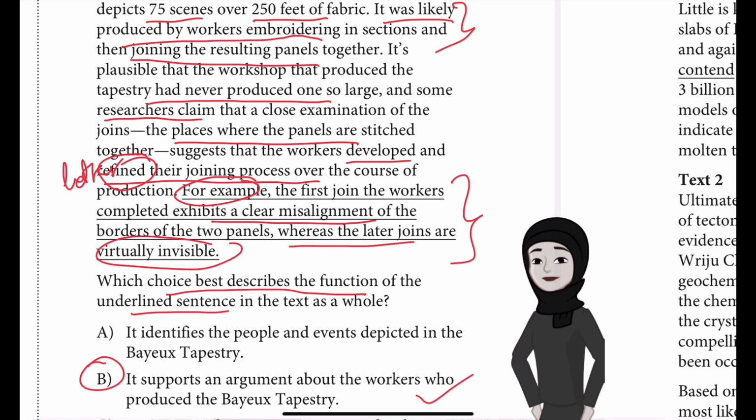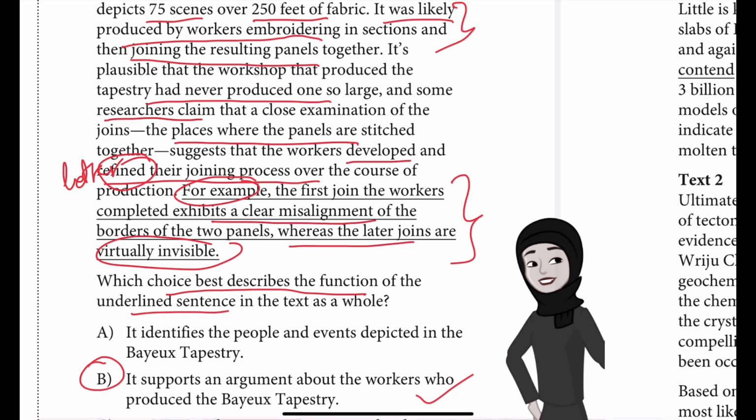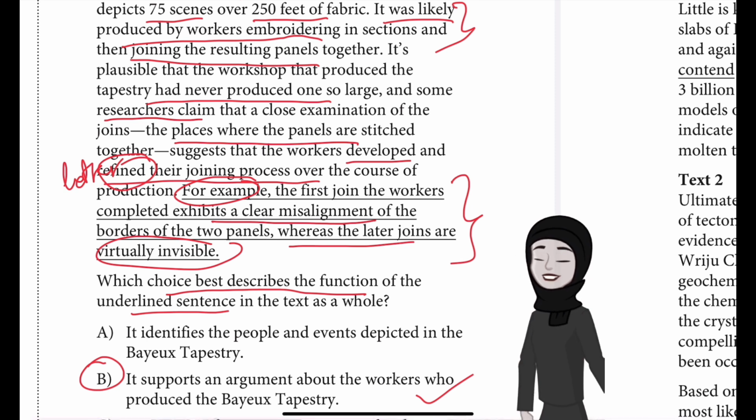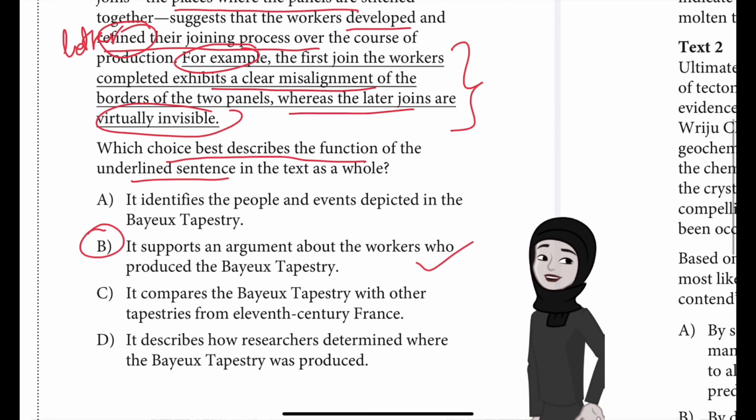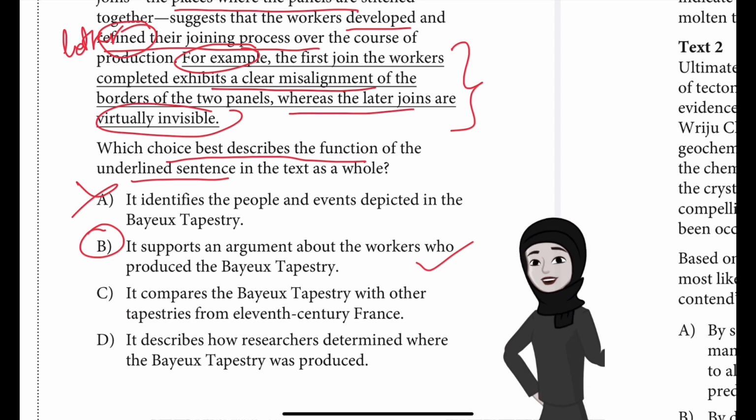And the last sentence of the text then provides an example of an observation that suggests the workers' process changed: clear misalignment of the borders of the two panels the workers joined first, and virtually invisible joints completed later. Thus, the underlined sentence serves to support an argument about the workers who produced the tapestry.